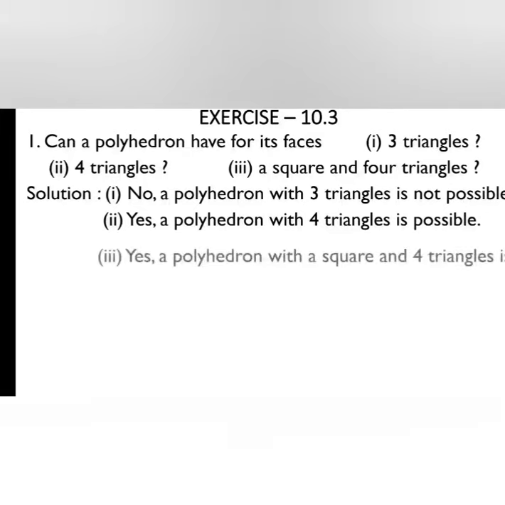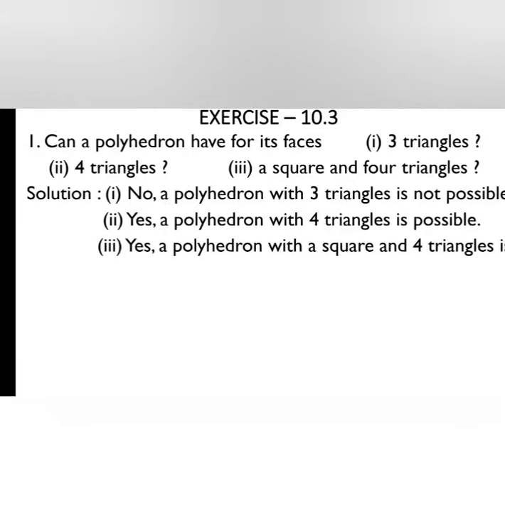Number 3, a square and 4 triangles. Yes, a polyhedron with a square and 4 triangles is possible, because again you can take the square as a base. When we keep the square at the bottom, you will get 4 sides, and on those 4 sides you can place 4 triangles and we can make a polyhedron.